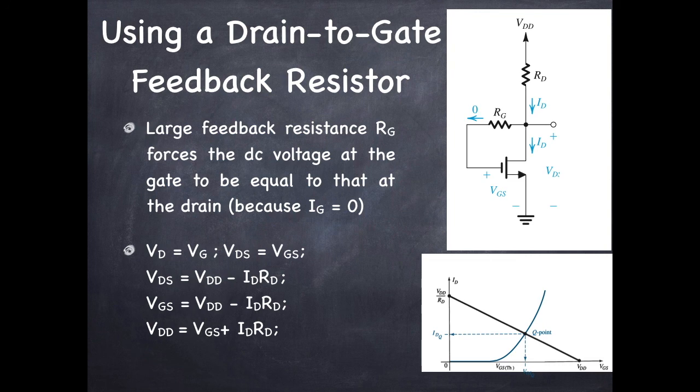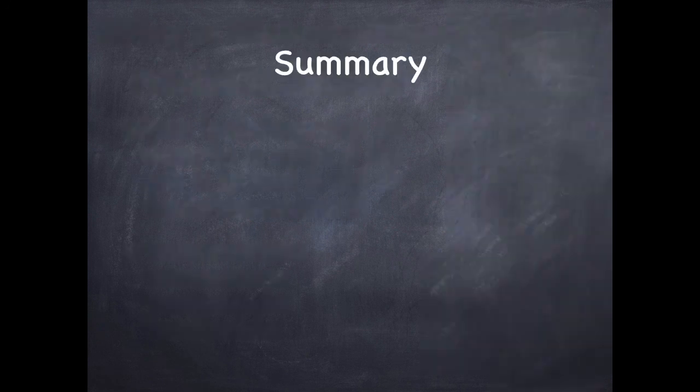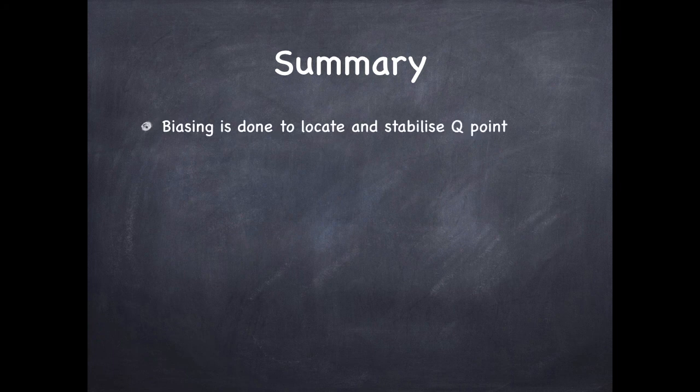By changing the values of these resistances and VDD, we can shift the Q point here and there. So either we can put it in the active region or the cutoff region. You see, ID will be equal to VDD by RD, and VGS will be equal to VDD when ID is 0. We have studied three biasing circuits here, and we can conclude that biasing is basically done to locate and stabilize the operating point.